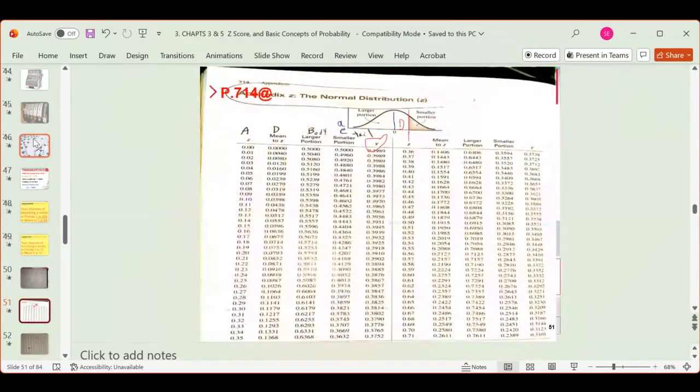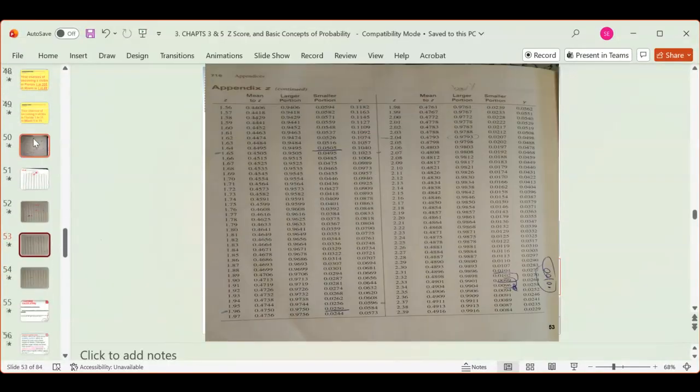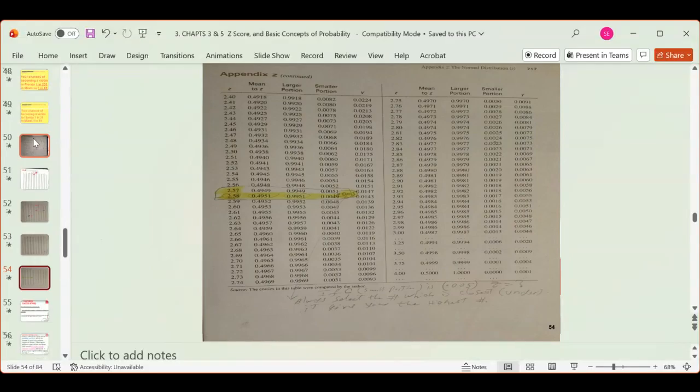These are the critical values for the z-score that we're going to go over next time. It's better to have a textbook, preferably the one I have, but any others are better than not having one. You need to have access to them.